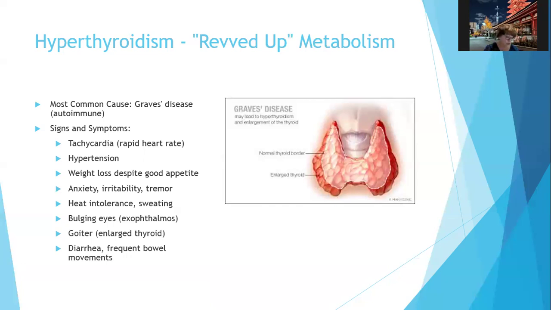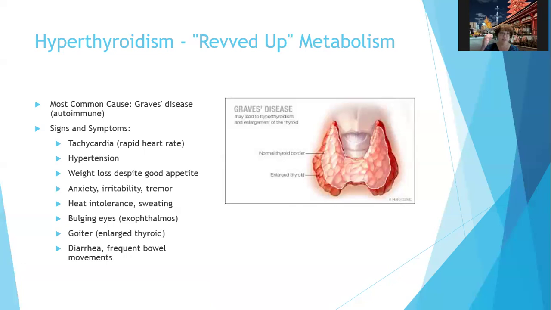So if you have too much, so Graves' disease, the autoimmune system directly attacks the thyroid gland, and it predominantly affects women under the age of 40, although men can be affected by Graves' disease as well. So it's basically a hypermetabolic state.